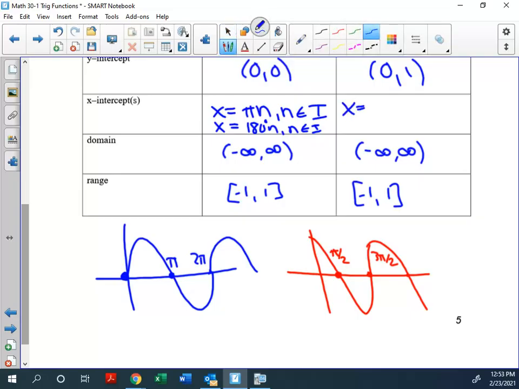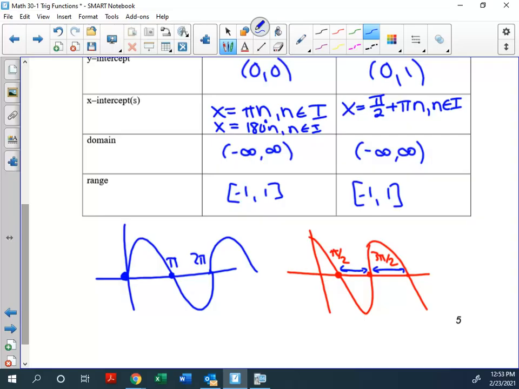Well, would you agree we start at pi over 2? Would you also agree it's not happening every pi over 2? So I can't just put in. But how far apart are they happening? Pi. So I will add pi n times, but they must be integers.